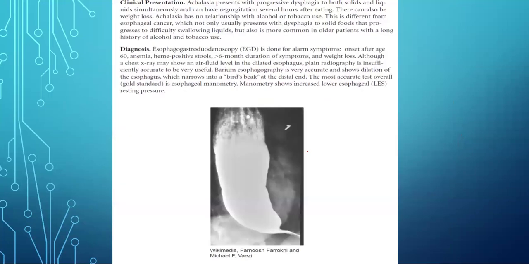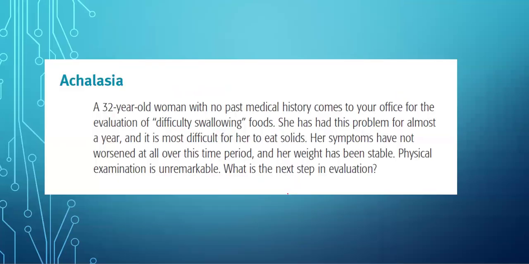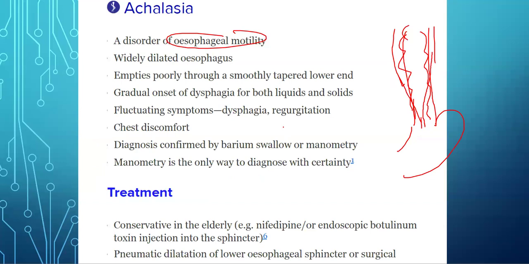So it becomes like this. Let me show you. See, the esophagus is hugely dilated, and now it is ending like a bird's beak appearance. When it ends with this smooth end like a bird's beak, then we call it achalasia cardia.